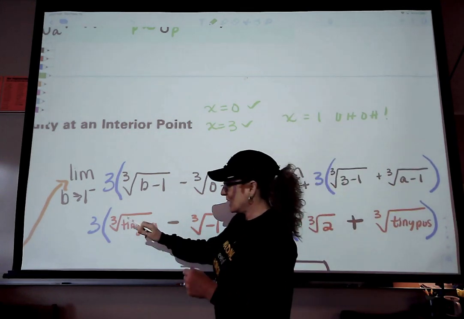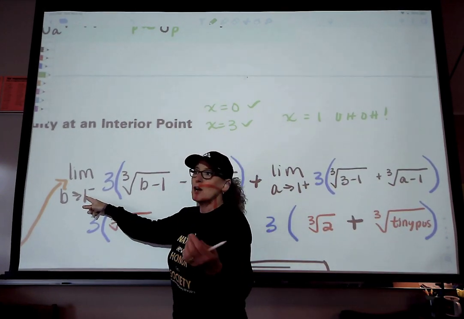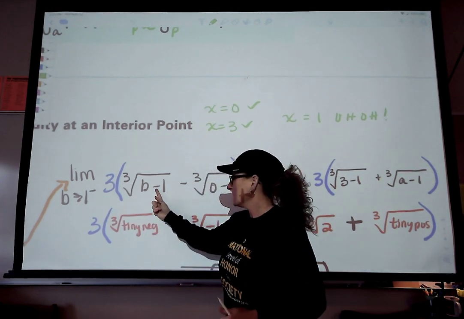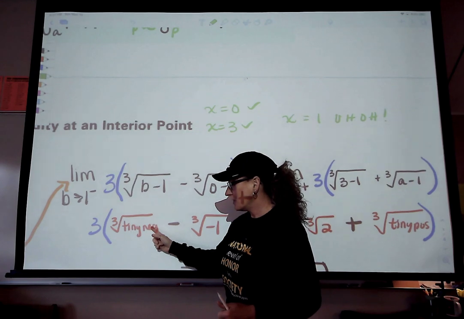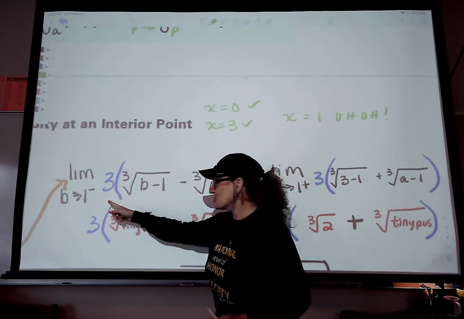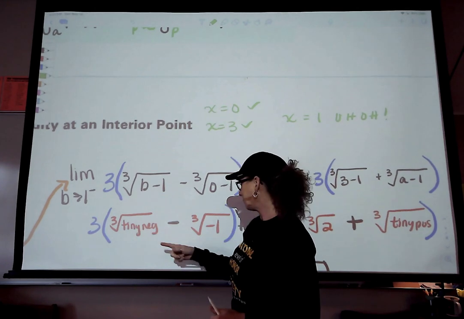And then, ready? As I approach 1 from the underneath side, so think about like 0.99. 0.99 minus 1 becomes a tiny negative. The closer you get to 1, the tinier this becomes.